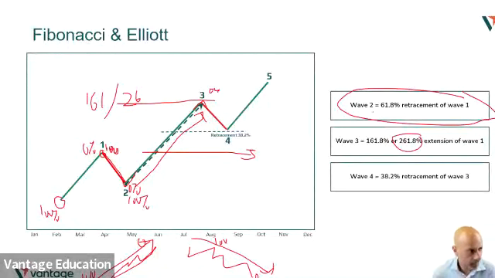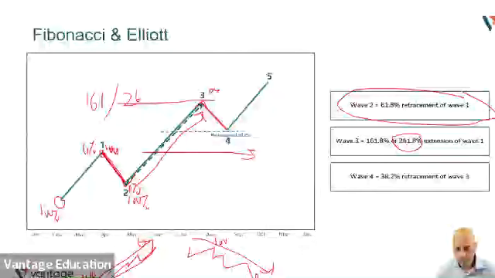Okay. So this is how we can use the Fibonacci retracement levels and extension levels to help us identify where the waves could typically end. So just to repeat, wave 2 typically ends at the 61.8% retracement level of wave 1.